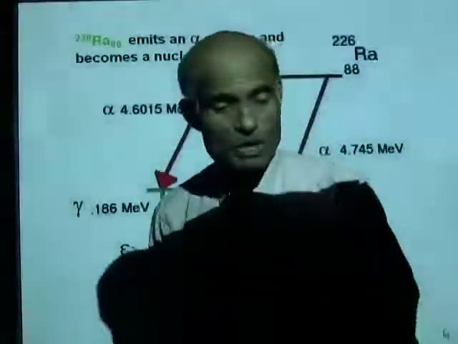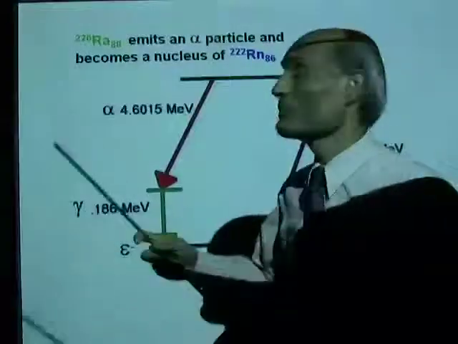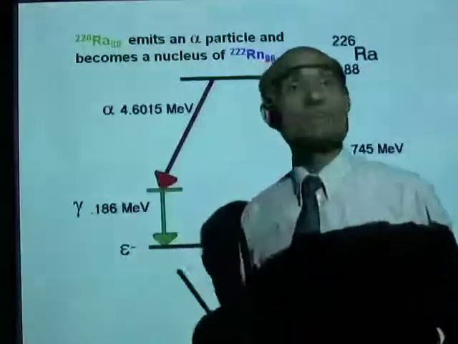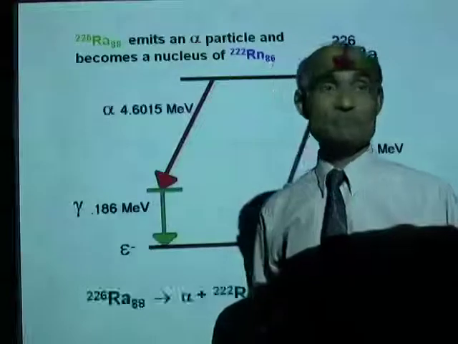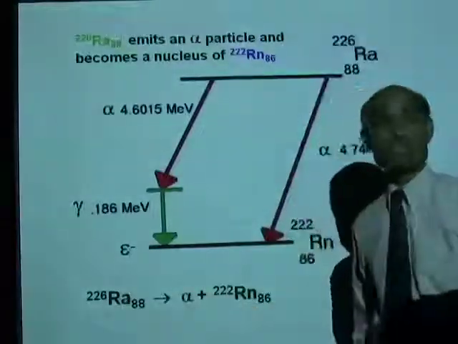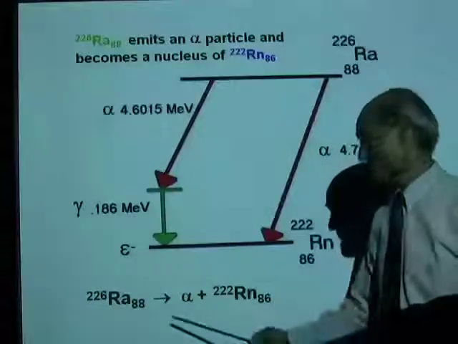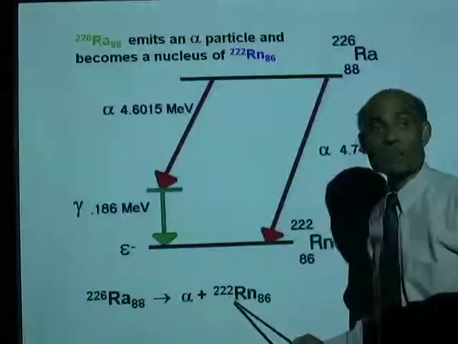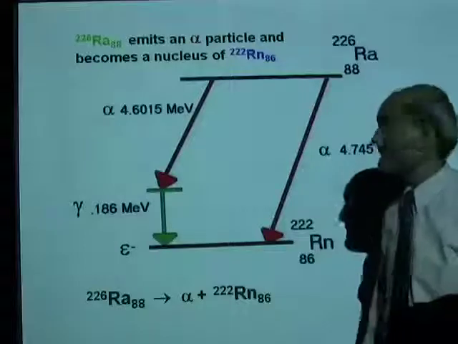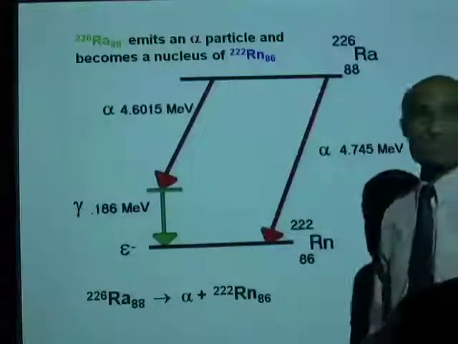So those are two possibilities of the decay of radium-226. And look at the equation for that. Radium 88-226 emits an alpha, leaving behind radon 86-222.